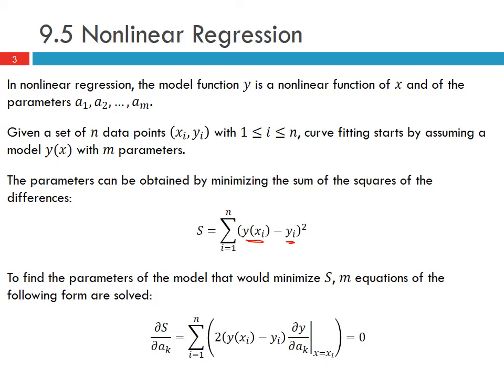So we take the partial derivative of S with respect to each of the coefficients, and in the expression shown here, we're taking the derivative with respect to ak, which is the kth coefficient, and that has the form shown here. And then we set this equal to 0, and that gives us m equations in m unknowns that allows us to solve for those unknown coefficients that would minimize S.